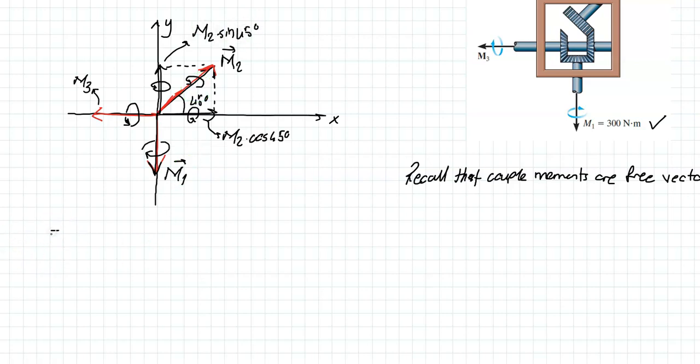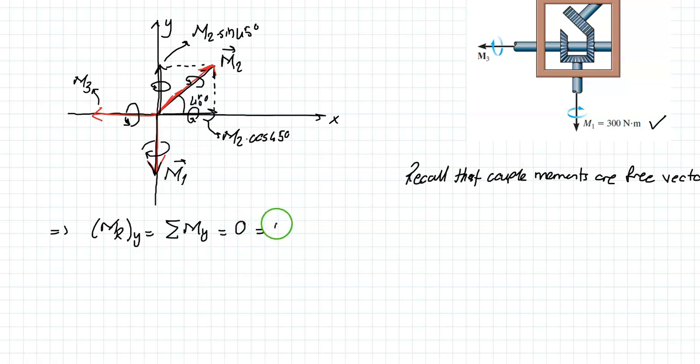Okay, so based on this we can write the resultant vector. The component of the resultant vector in the y direction would be the sum of the moments in the y direction, so that should be equal to 0.